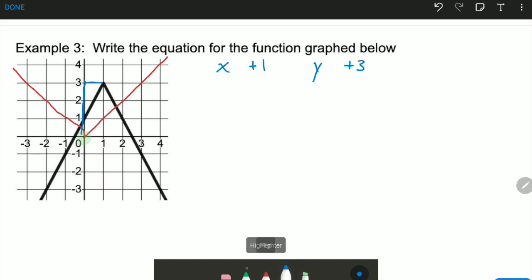However, in this case, if we go over 1, instead of going up 1, we actually go down 2. So that means we have both a reflection and a dilation going on for the y values. So in addition to the plus 3 for the y values, we're first going to be multiplying by negative 2.